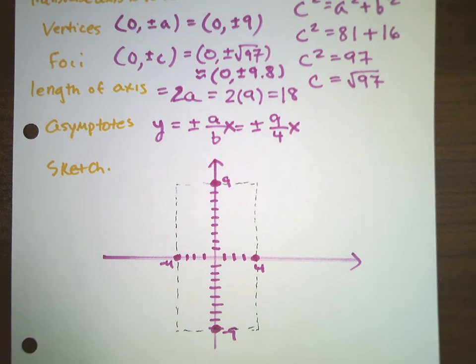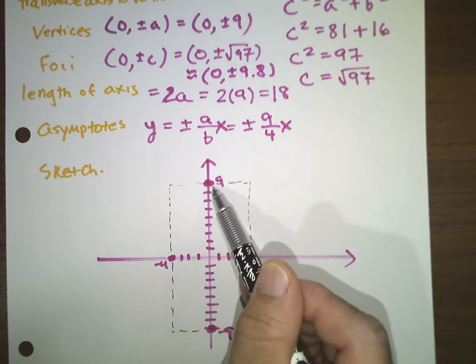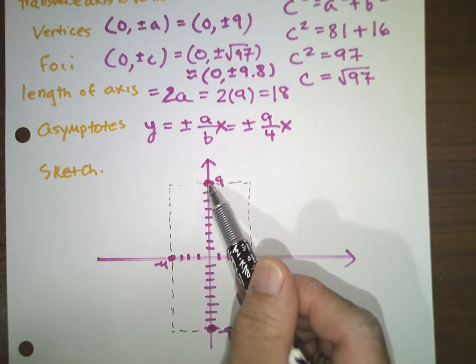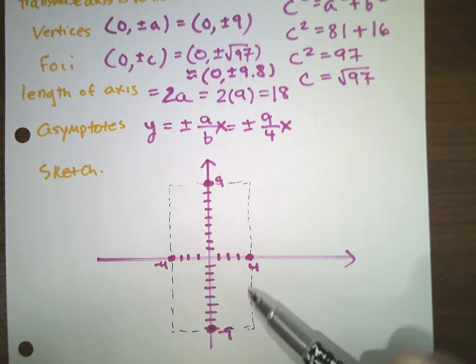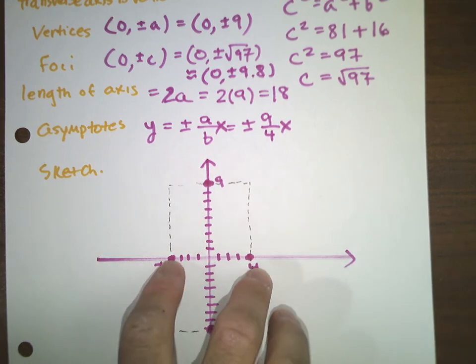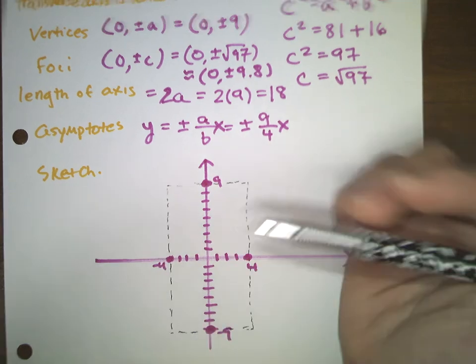And then, because you know that the transverse axis is vertical and the hyperbola has to go through the vertex, you know that it's opening up and down and not left and right. It doesn't have to go through these points. These points are just to help you set up how wide the hyperbola is opening.